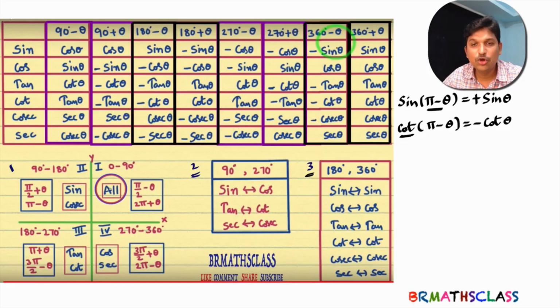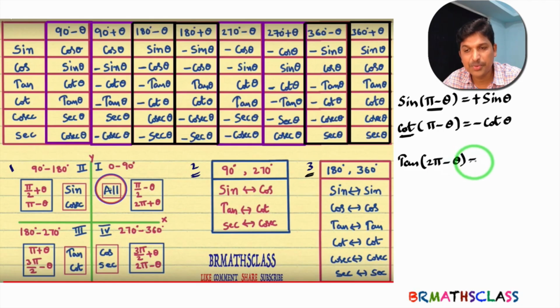So similarly, we'll go with 2 more examples. Suppose tan of 2 pi minus theta. 2 pi means 360 degrees, 2 into 180. Whenever 180, 360 is there, the function remains the same. So this is tan theta only. Now the point is, 2 pi minus theta is in which quadrant? It is in the fourth quadrant.